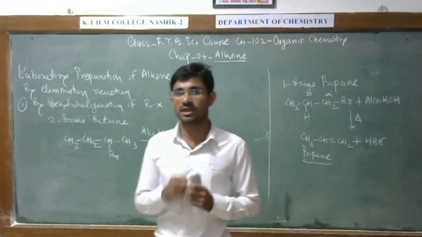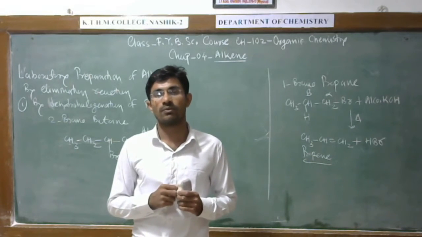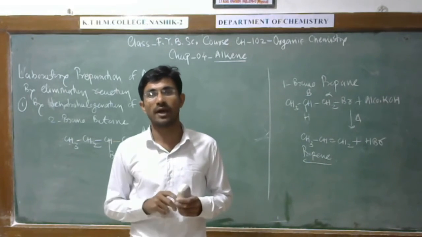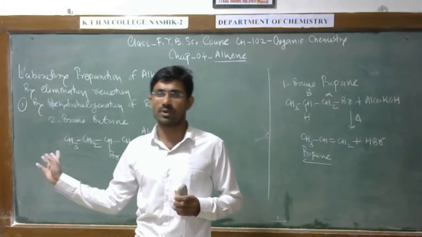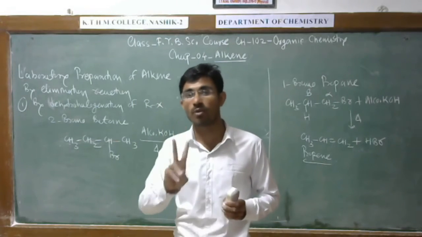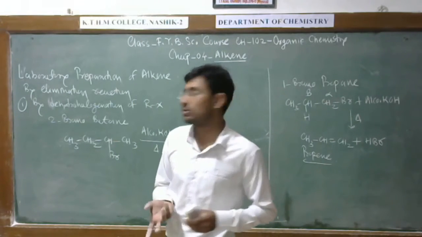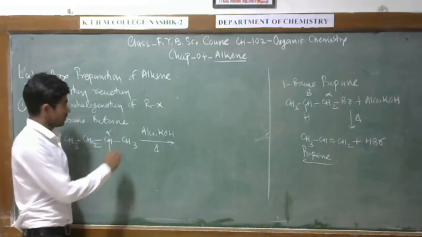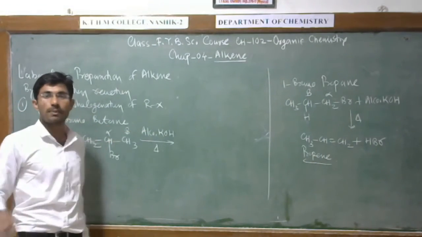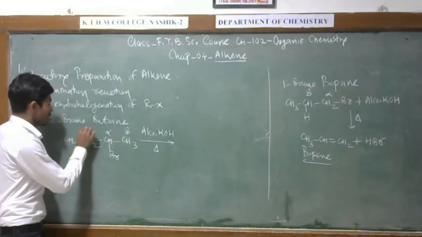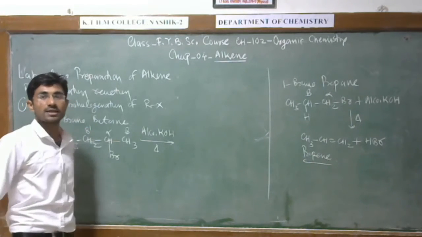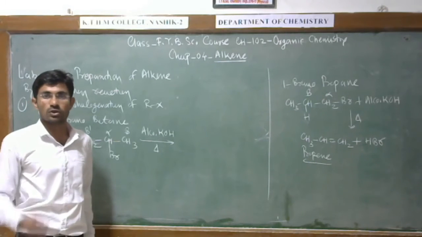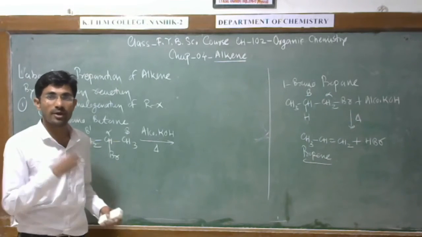But in the first case we observe only one type of beta hydrogen, while in this case, 2-bromobutane, there are two types of beta hydrogen. So this is the alpha carbon, this is the beta hydrogen, and this is the beta dash hydrogen. So obviously we can see that there are two types of beta hydrogens.